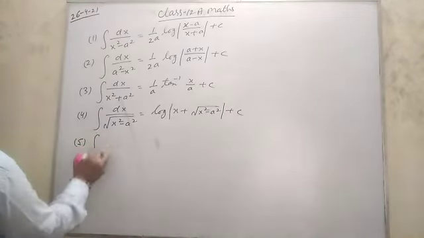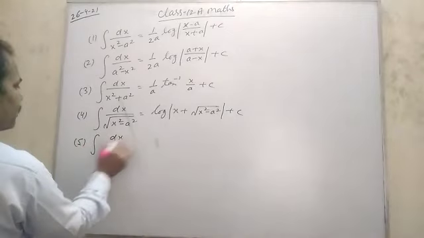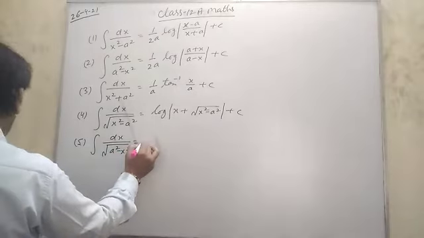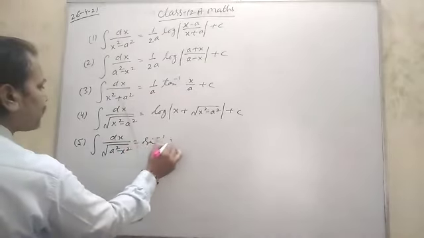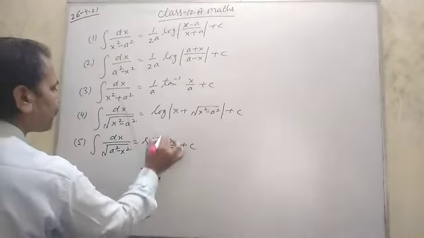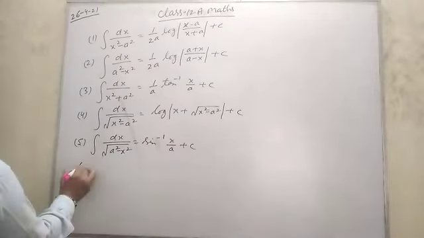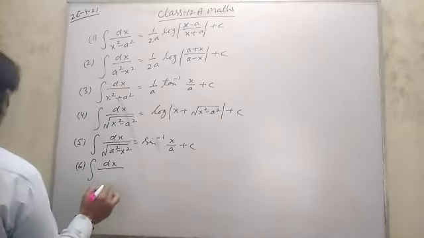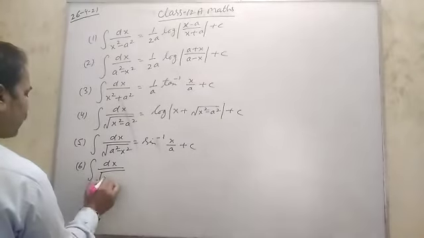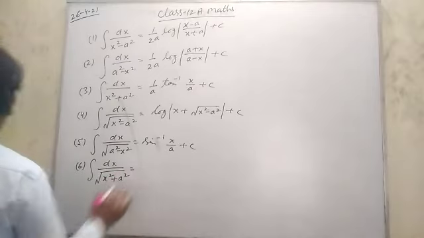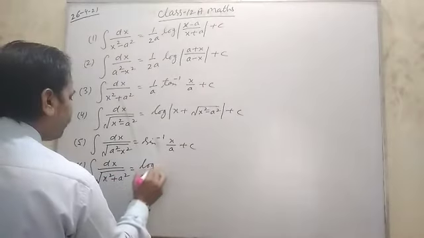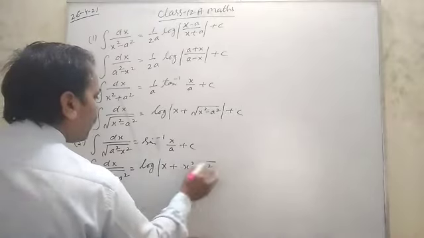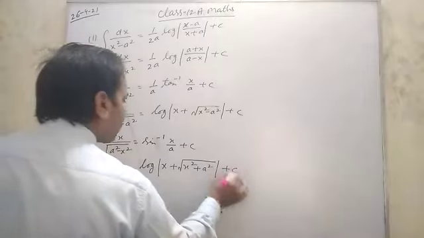And the fifth formula, dx upon under root a square minus x square. So this formula is sin inverse x upon a plus constant. Okay, and the last formula from this, dx upon under root x square plus a square is equal to log mod x plus under root x square plus a square plus constant.